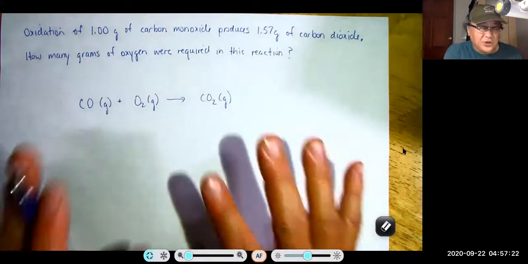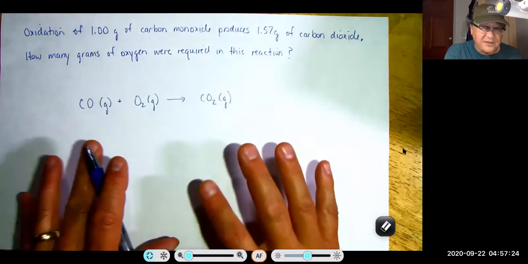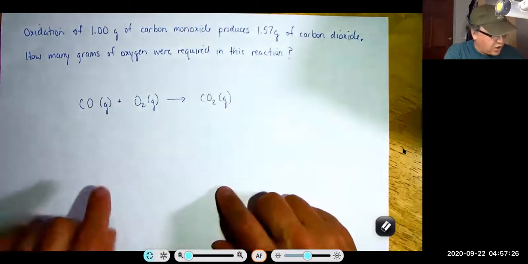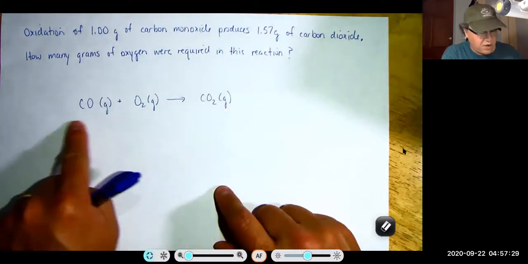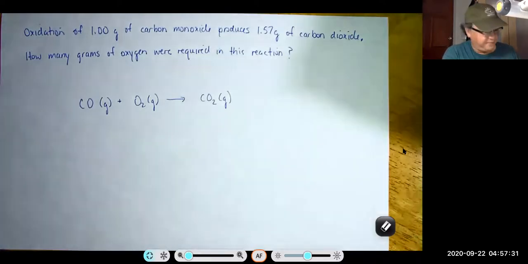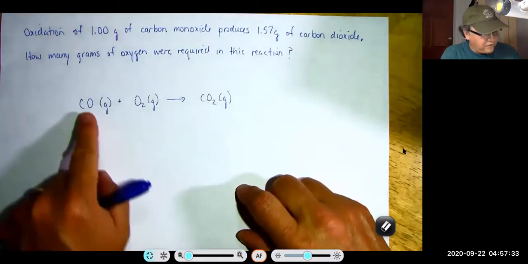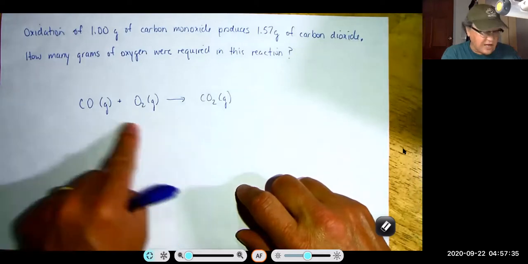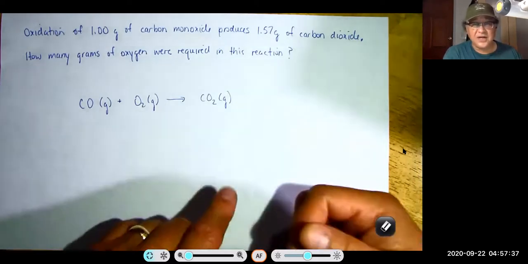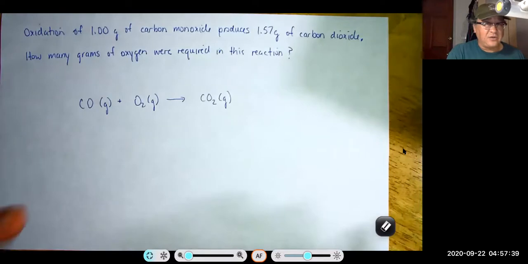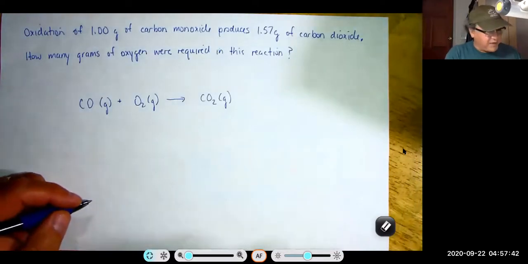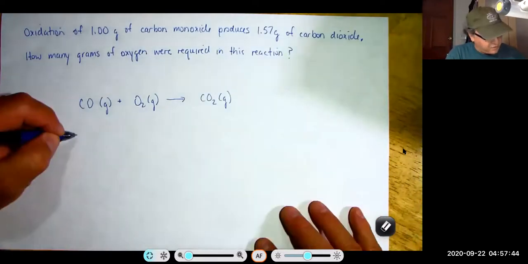And it's also a gas. We don't need to concern ourselves with whether or not this is balanced because actually it is not. 1 carbon on the reactant side, 1 carbon on the product side, that's good. 1, 2, 3 oxygens on the reactant side, 2 oxygens on the product side. This is not balanced. So we can do this problem without balancing it because we haven't talked about that yet.